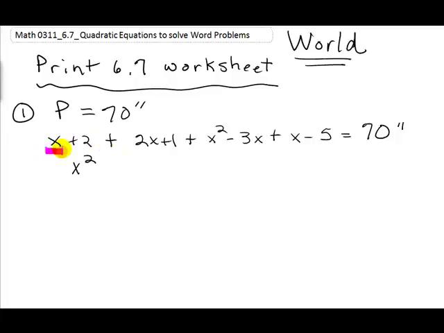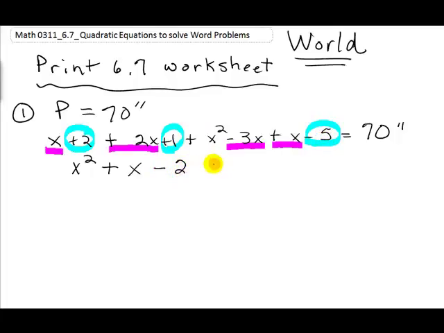It helps me to color code or circle or underline as I go the things that are alike so that I don't miss anything. 1 plus 2 is 3. 3 minus 3 is 0. Plus 1 plus 1x. 2 plus 1 is 3. 3 minus 5, negative 2.